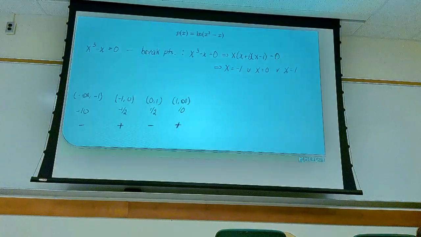What is our inequality? It's greater than, so you take the positive values, and the breakpoints are not included. So we're not going to include the -1, 0, or 1.